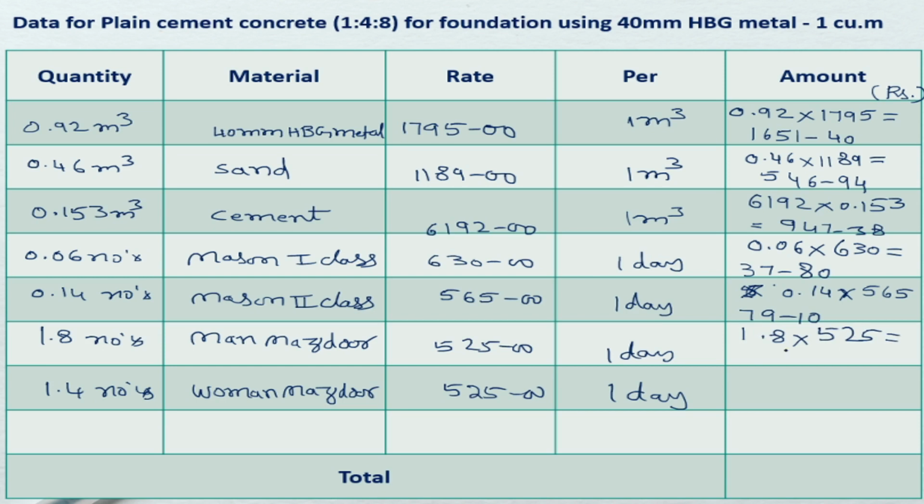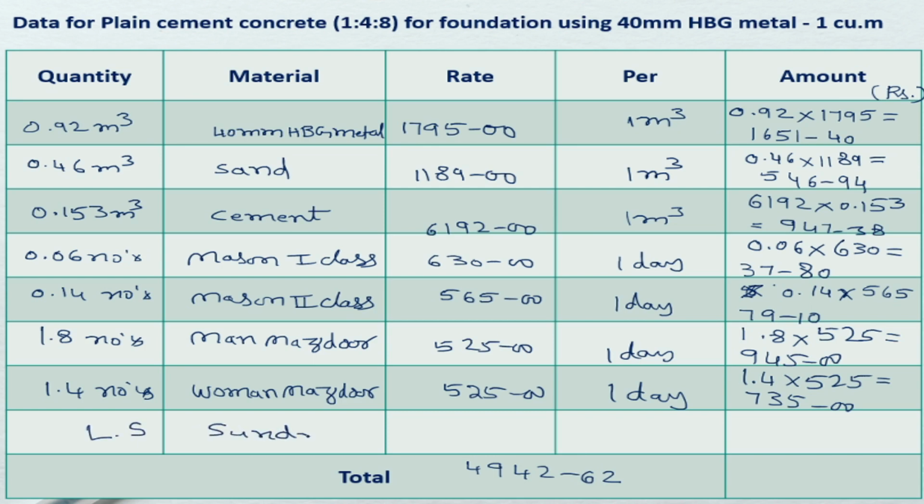Man mazdoor 1.8 into 525, 945 rupees. Woman mazdoor 1.4 into 525 rupees, 735 rupees. So adding all these, we get 4,942 rupees 62 paisa. To get the total cost, add sundries.